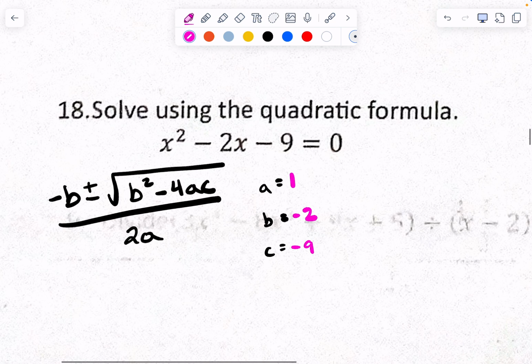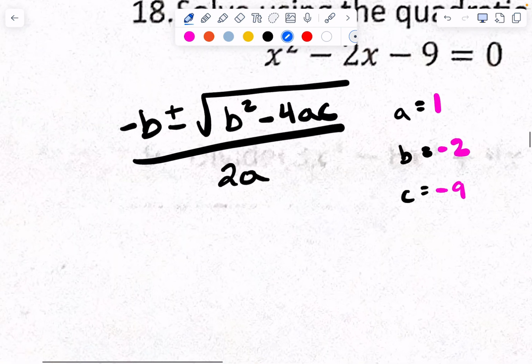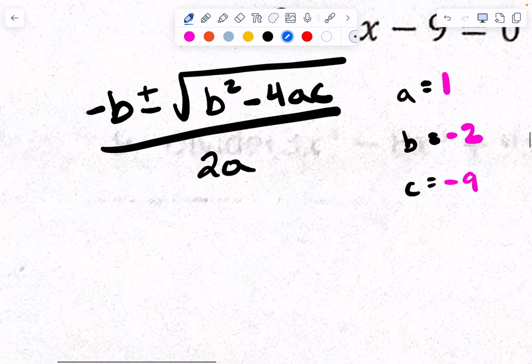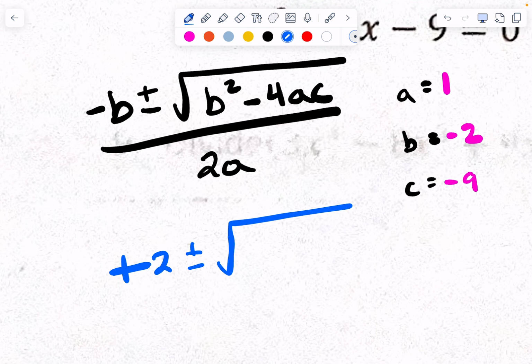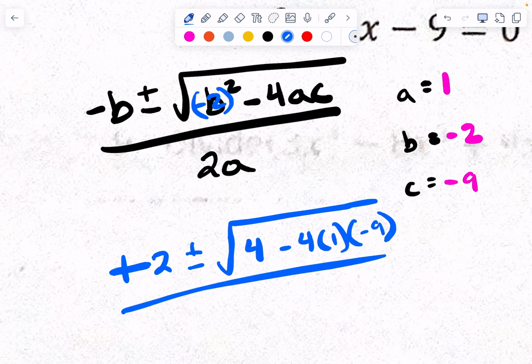Okay, what will negative b be? Positive 2, right? Negative 2, so plus 2. Plus minus the square root of what's b squared going to be? If I do -2 here, it'll be positive 4, right? -4 times a is 1, and c is -9. Cool. All over 2 times a.